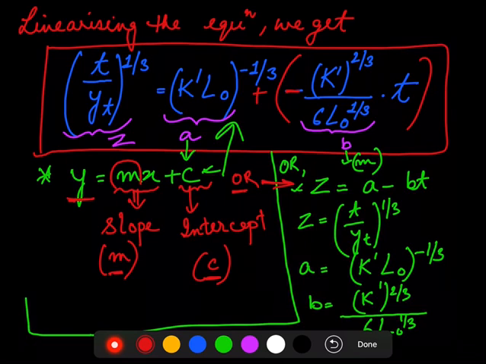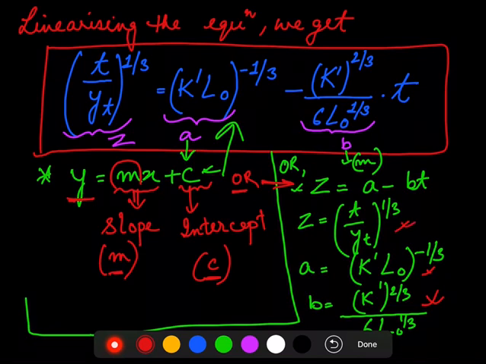If you want to maintain the equation of a straight line, y equals mx plus c, you can write like that also. For the time being I will remove this. And then you see z equals this, a equals this and b equals this.